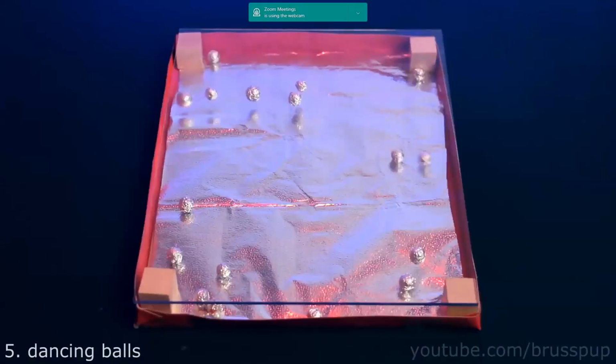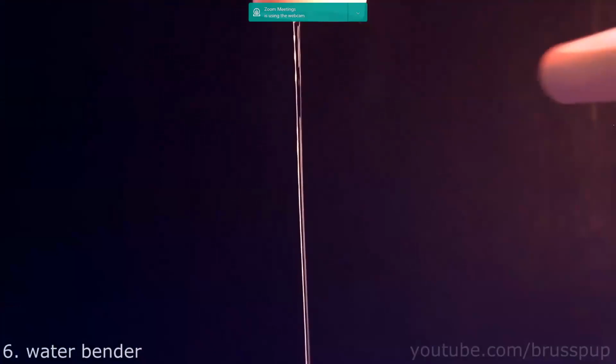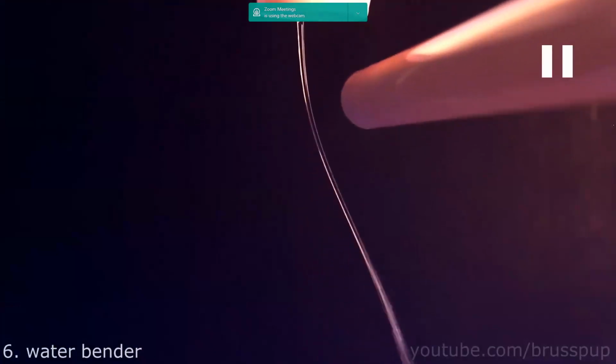You can even bend the water also. So that's what I said, you need not have a conductor. You can induce charges even on an insulator. If you can see here, the water is also bending, because you're inducing charges on the water stream and they're getting attracted.